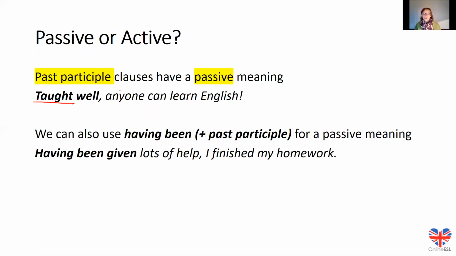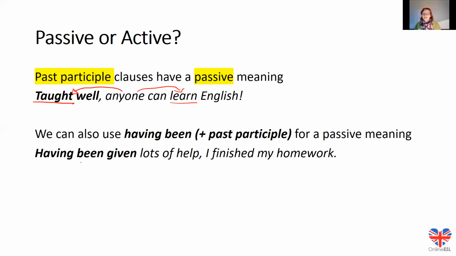So it's anyone is being taught, and anyone can learn. So we know that these are the same. So not everyone is teaching, but it's passive. So in a passive sentence, the subject does not do the verb. The verb is done to the person. Similarly, we can also use having been plus a past participle to mean something passive.